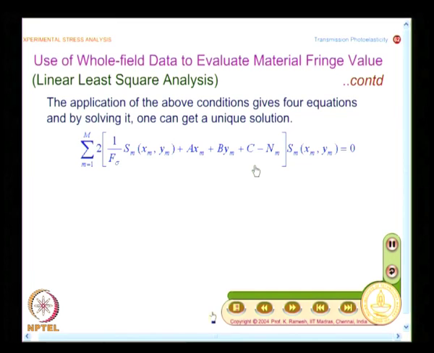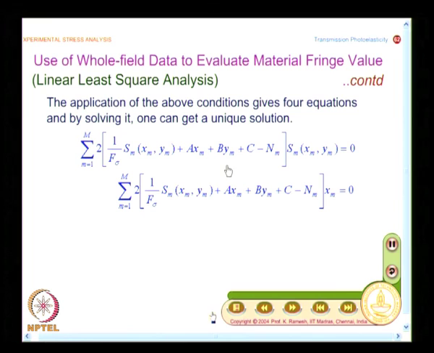And what are the other equations? When I differentiate with respect to a, what do I have? I will have essentially this multiplied by x sum, as simple as that. And if I do it with b, it will become y m.